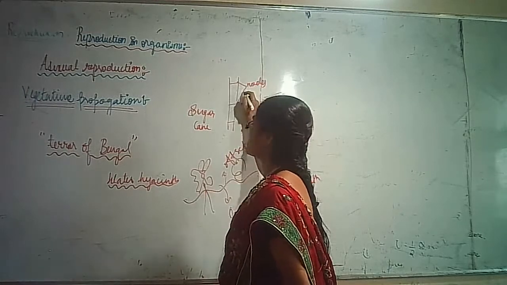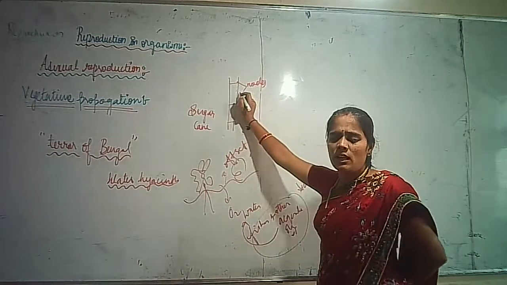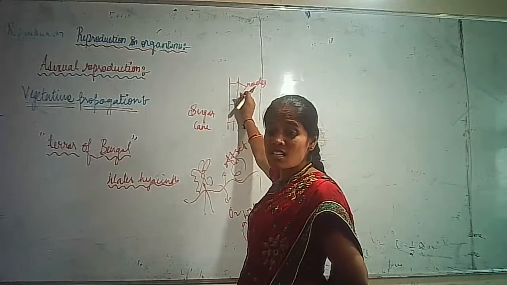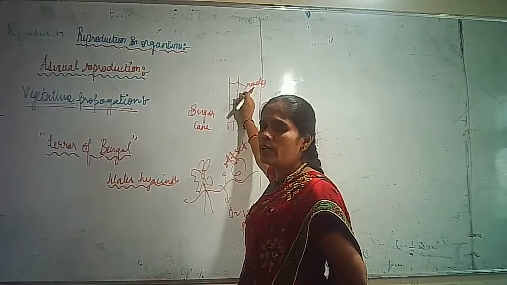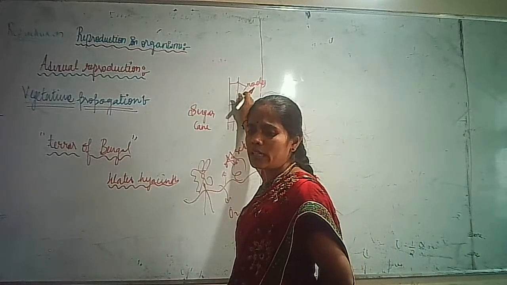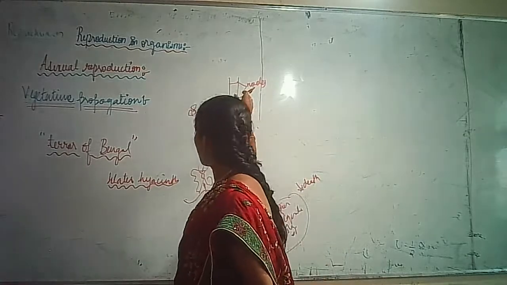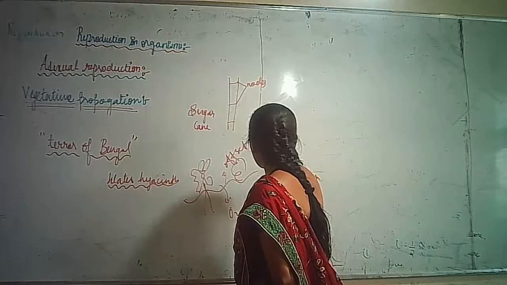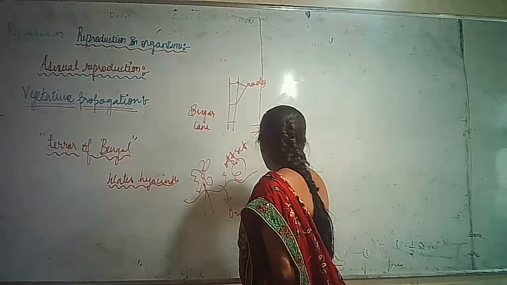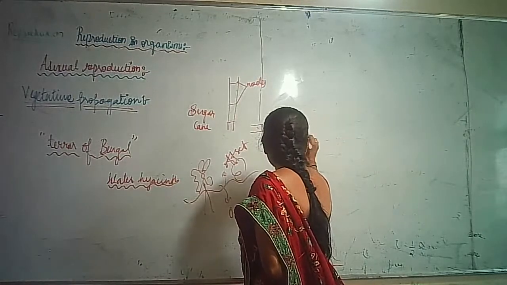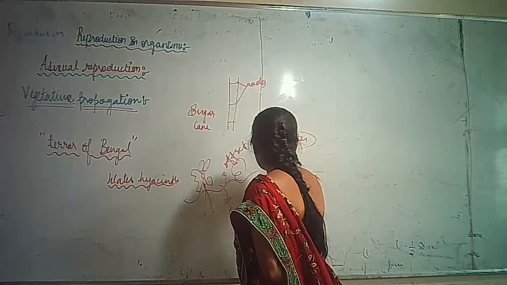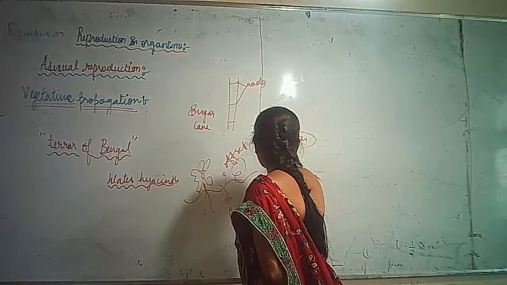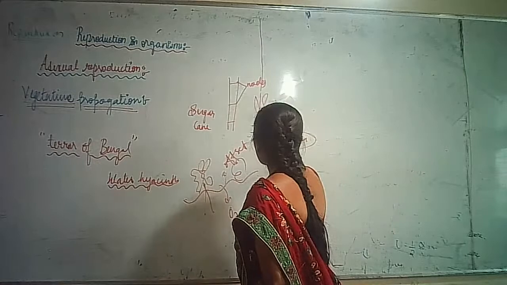Nodes are the regions which have the capacity to generate a new plant body. If these nodes come in contact with the soil, water and minerals present in the soil, they will start developing roots, and again they will develop into a plant.